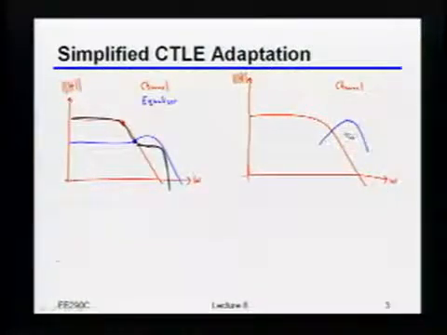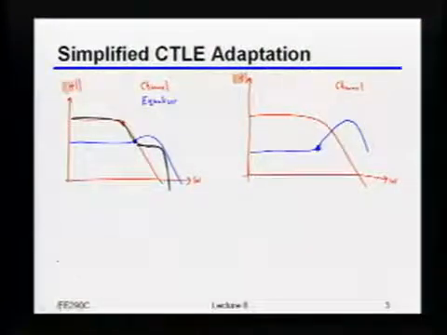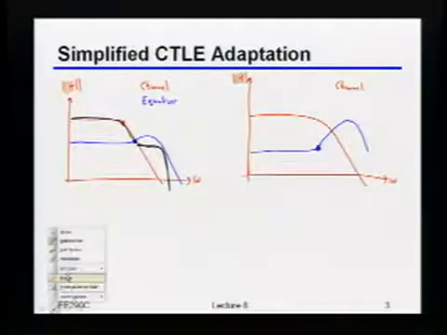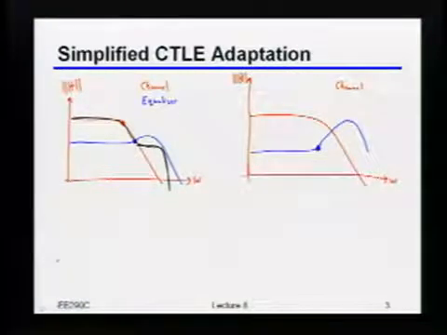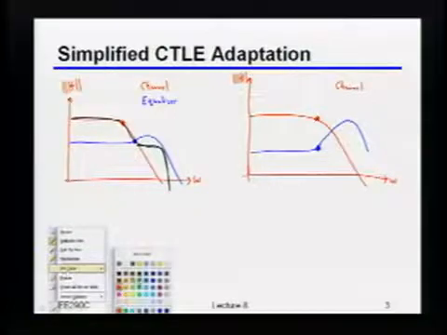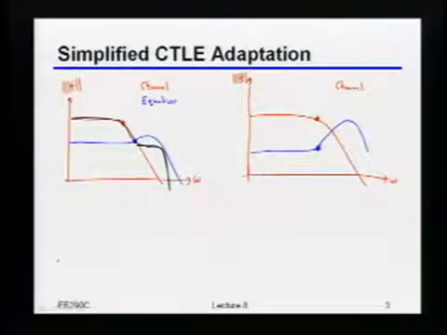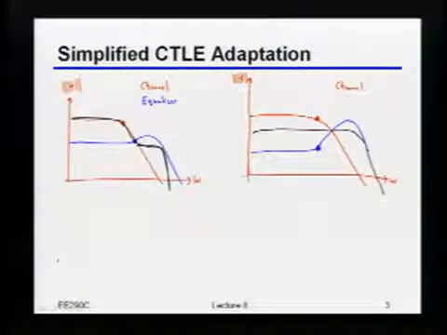That's the 0 of the equalizer, and that's the pole of the equalizer. Now my equalized response should basically just look flat, right? If I do it properly, then the magnitude will be lower than the previous case. So it should look something like this.